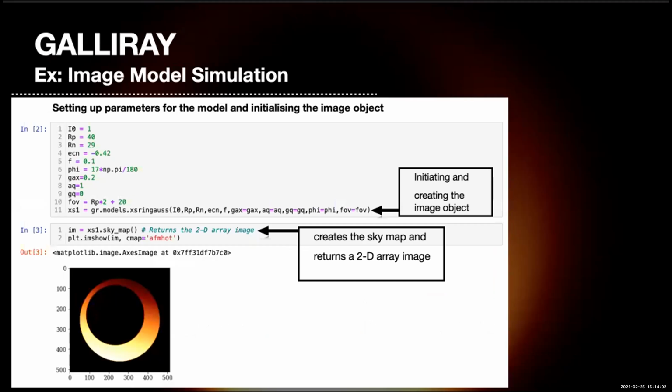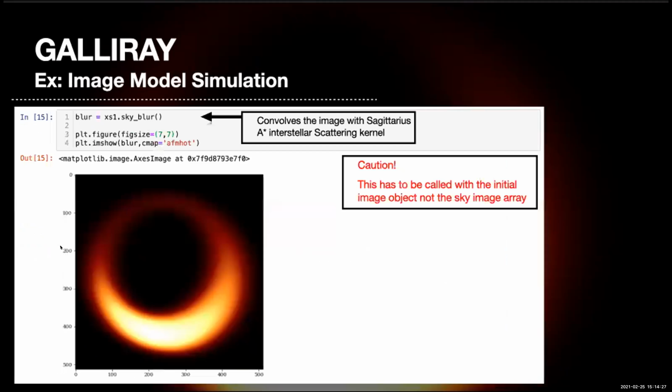So this is an example of how we do it. It's quite simple. We set up the parameters of the particular model that we need to simulate. We choose a particular model, the excess ring Gauss model explained in Benkevitch 2016. We create the image object, then draw the intensity map in the 2D domain, and then convolve it with an interstellar scattering kernel.